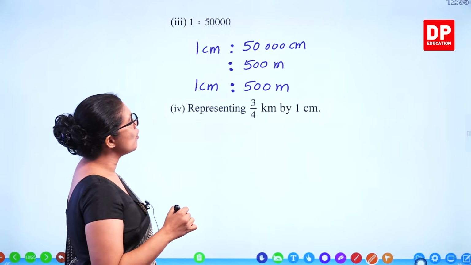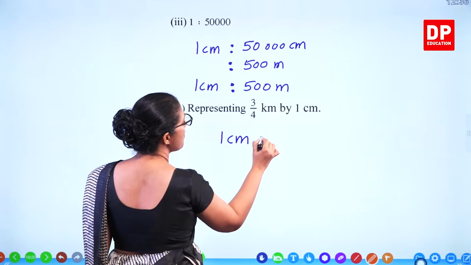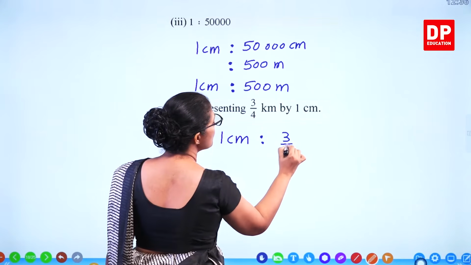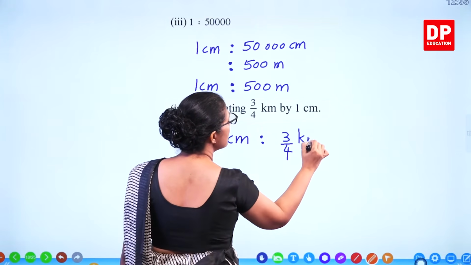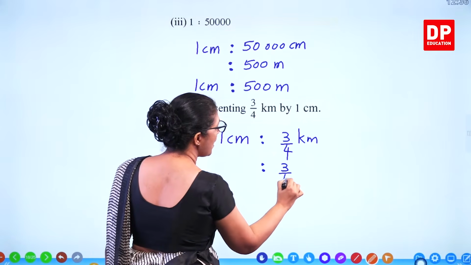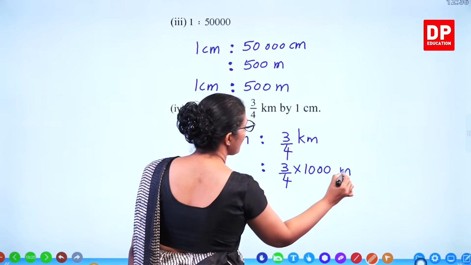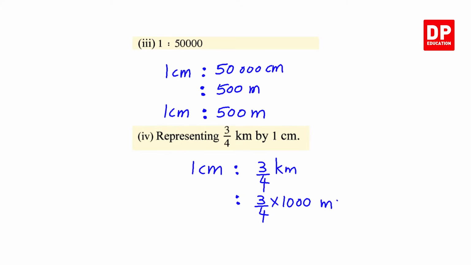Representing 3/4 kilometer by 1 centimeter. So 1 centimeter represents 3/4 of a kilometer. Convert to meters, multiply by 1000, and again by 100 to convert to centimeters.